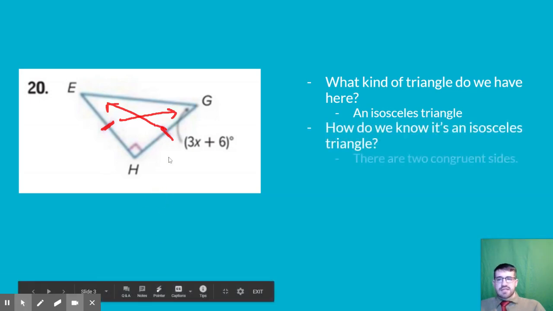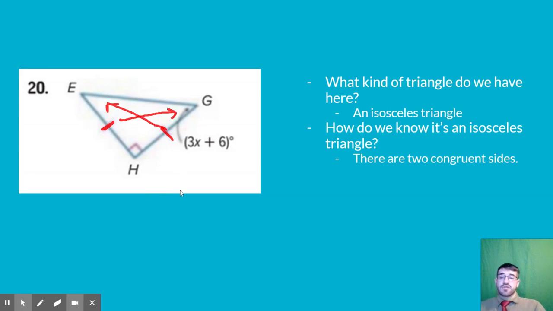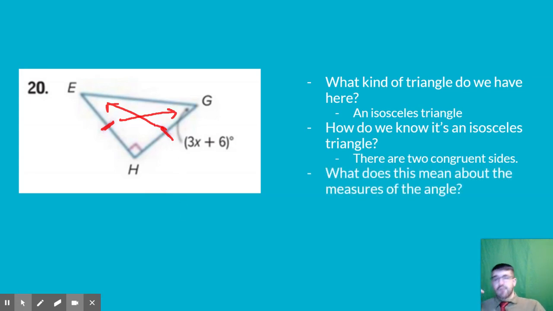How do we know it's isosceles? We just said there are the two congruent sides. And what does it mean about the measure of the angles? The two base angles must have equal measures.